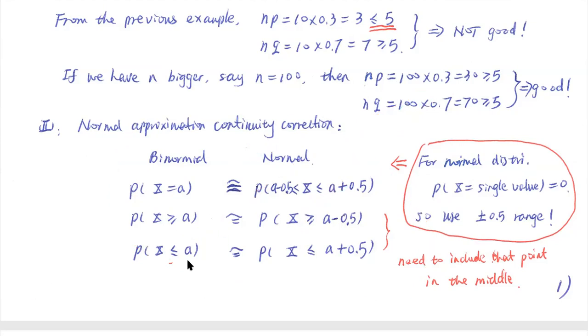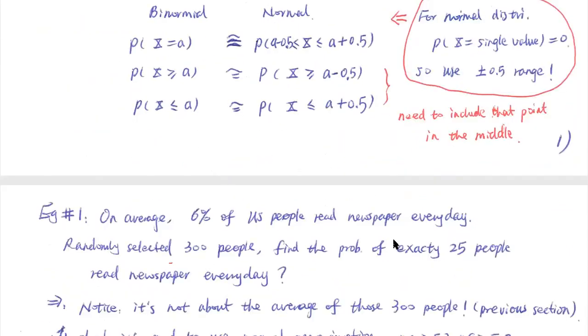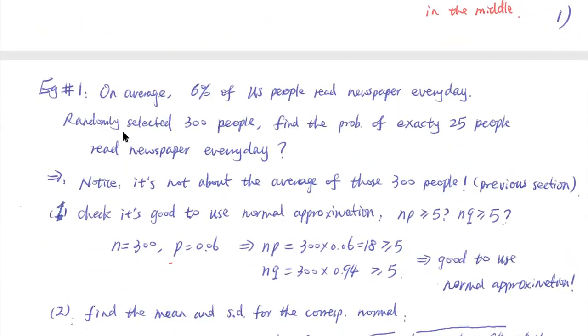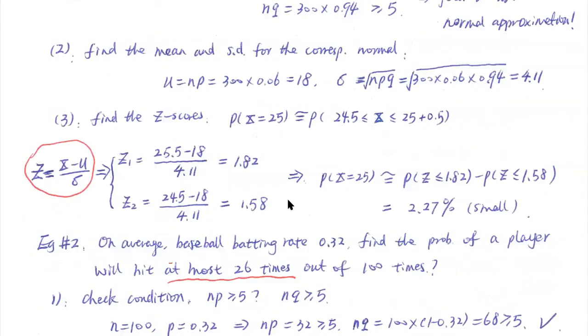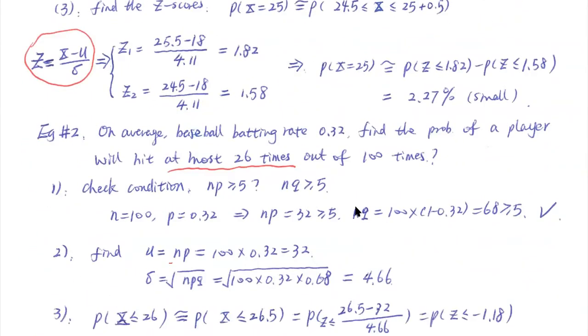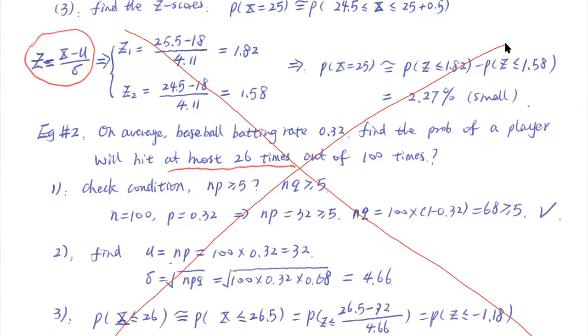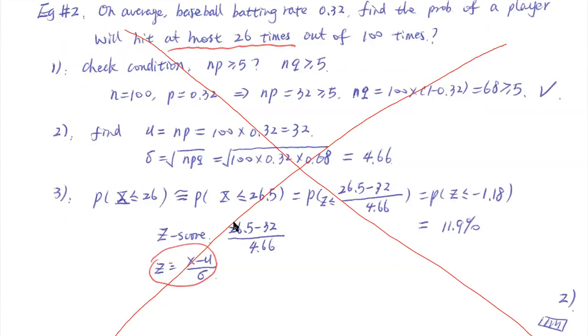That's more complex, and we don't require that. The same goes for example number 1 and example number 2: you won't see any of those homework questions coming from here. As long as you have a very basic understanding of what we are trying to do, that's good enough for this section.